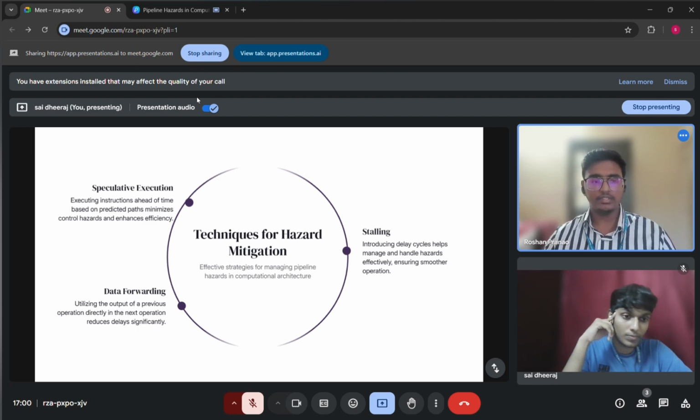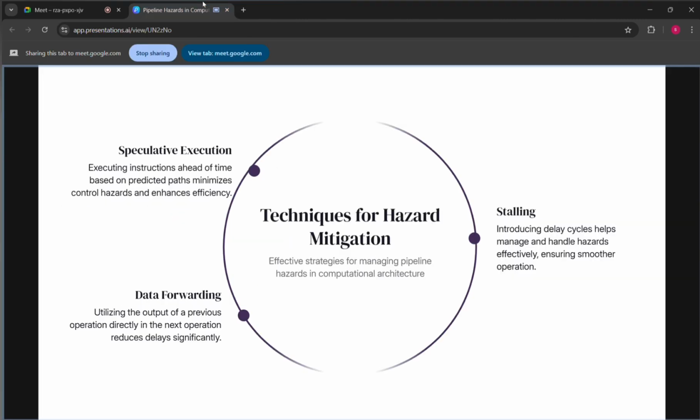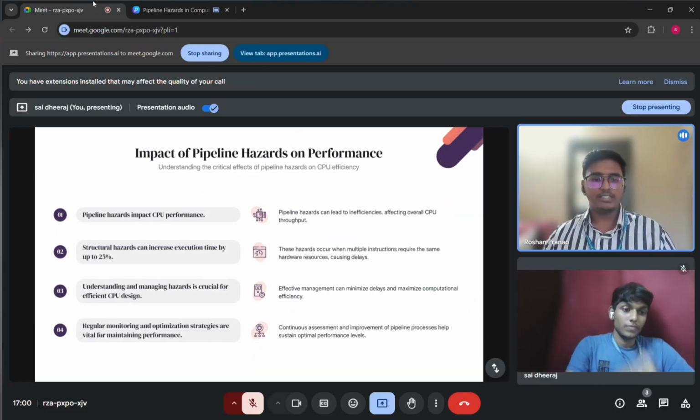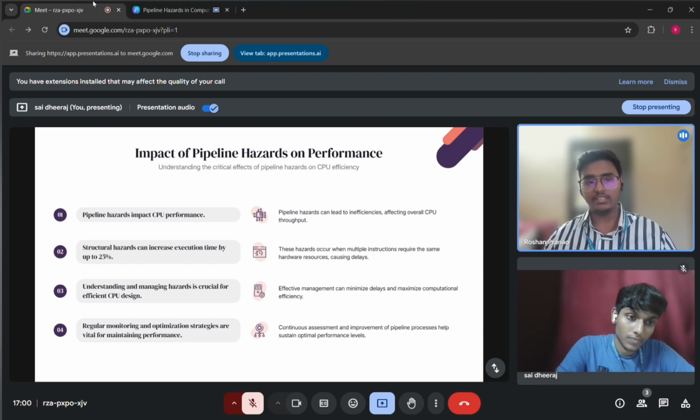Moving on to the next slide, the impact of pipeline hazards on performance. Pipeline hazards mainly impact CPU performance, as these pipeline hazards can lead to delays, and structural hazards can increase execution time by up to 25%, because these hazards occur when multiple instructions require the same hardware resources, which again causes delays.